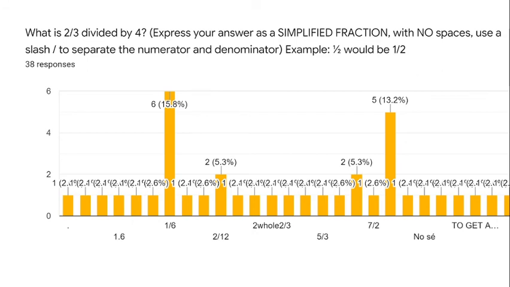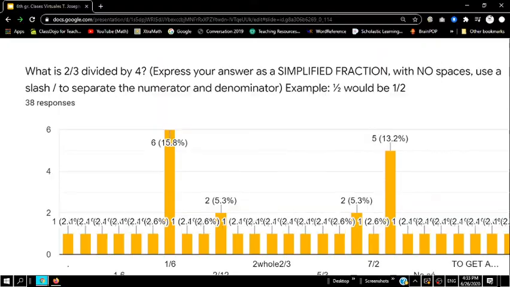Here we have what is 2/3 divided by 4? Well, 2/3 divided by 4 is the same as 2/3 times 1 over 4, and 2 times 1 is 2, and 3 times 4 is 12. Let me just do that on the screen to make sure.